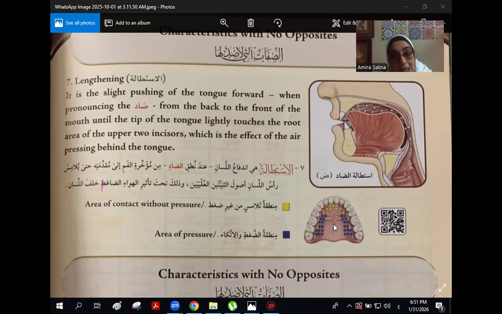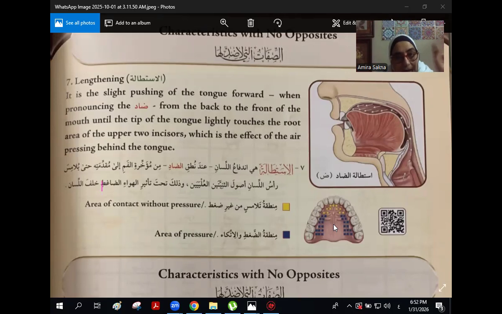Okay? So the characteristics are related to each other. Characteristics are related to the articulation points. If you pronounce the letter properly from its articulation point, you will achieve all the characteristics automatically. You see? I will repeat.